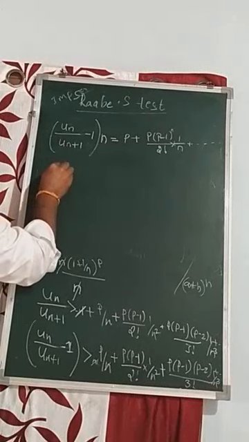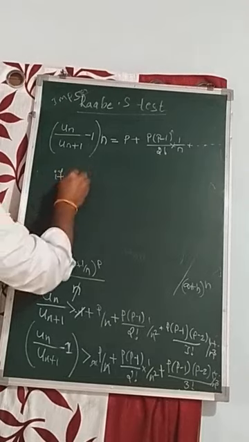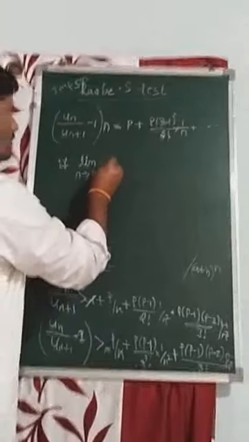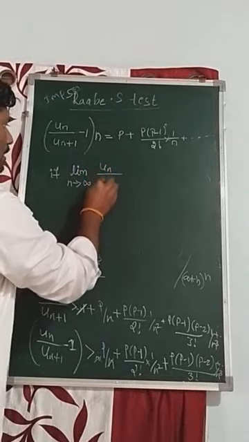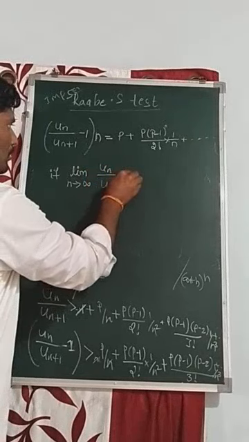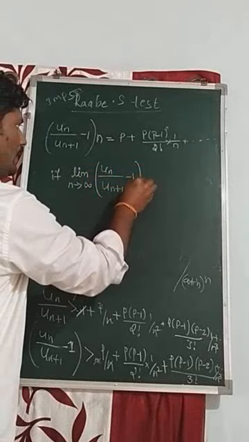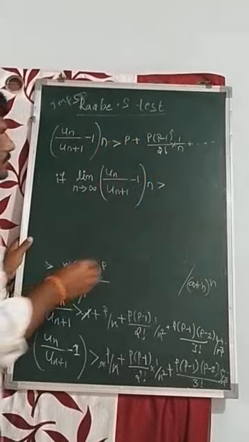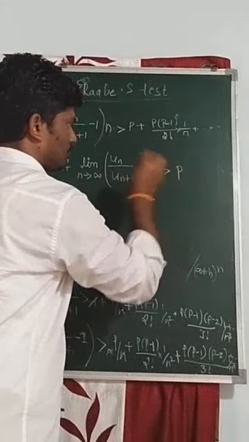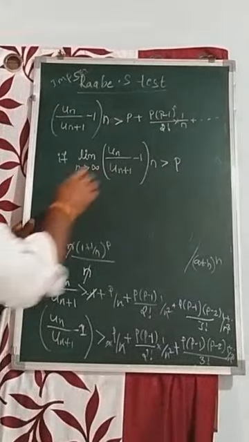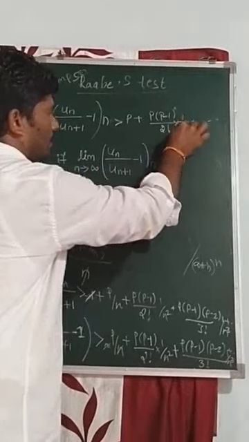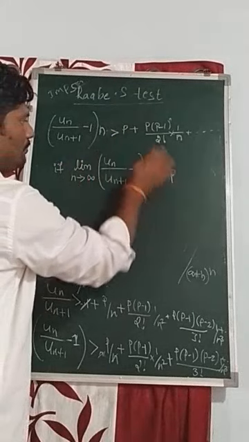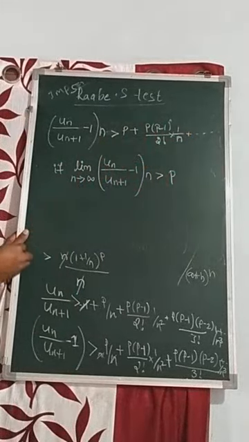Next, applying the limit, limit n tends to infinity, un divided by un plus 1 minus 1, into n, is greater than or equal to p, because applying the limit, 1 by n tends to 0, so all the other terms are cancelled, taking only the first term p.